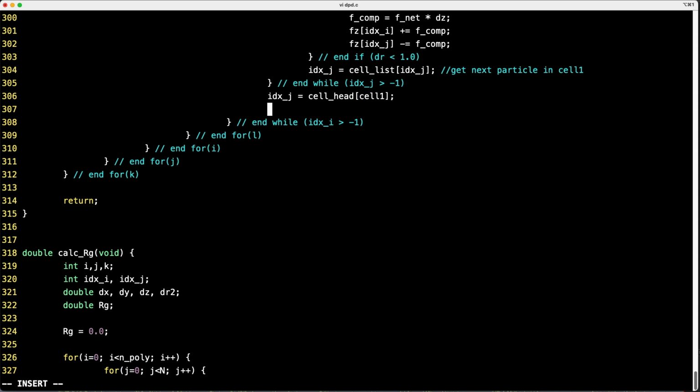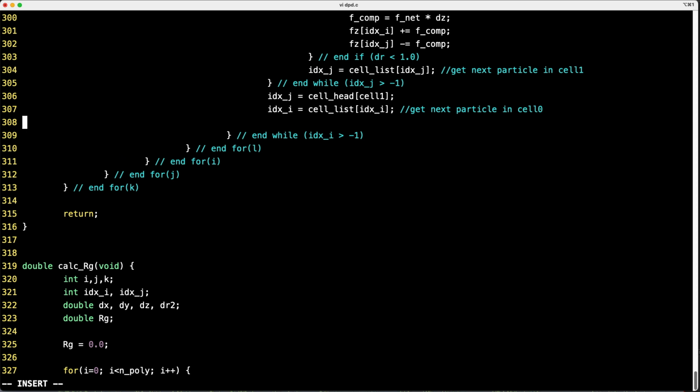So we go back to the top, and we're going to process the next particle in cell 0 with all of the particles in cell 1. Okay, so that means that here we'll say index I is going to be cell list of index I. And this gets the next particle in cell 0.